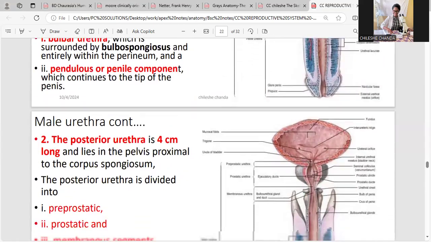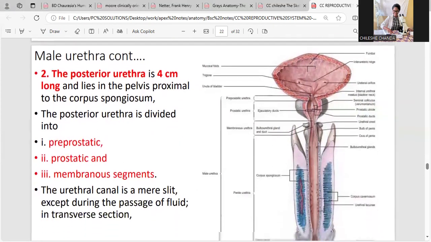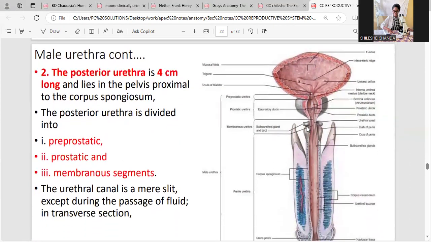And then we have the posterior urethra. The posterior urethra is just about 4 centimeters long, and lies in the pelvis, proximal to the corpus spongiosum. So we were saying that there is this layer which surrounds the urethra, an erectile tissue known as corpus spongiosum, but proximal to the corpus spongiosum, we have this portion of the urethra that is not covered by the corpus spongiosum.